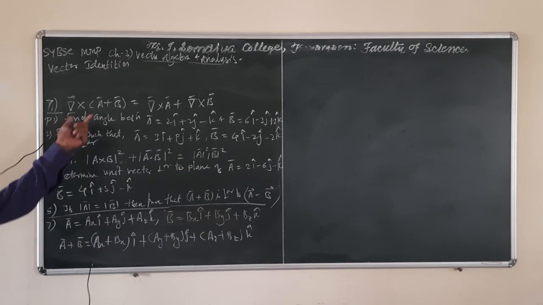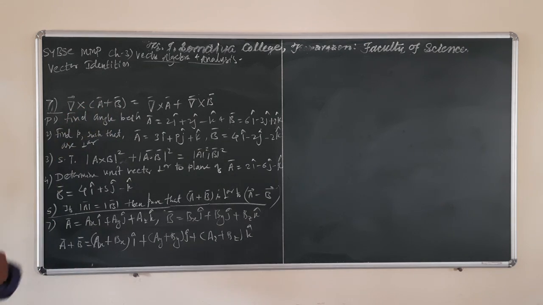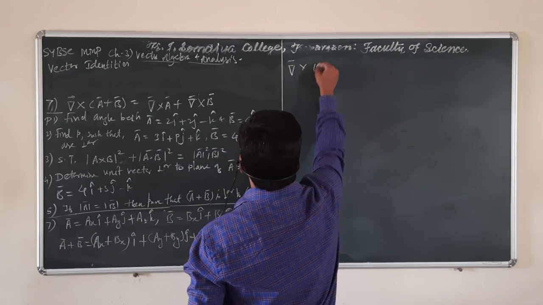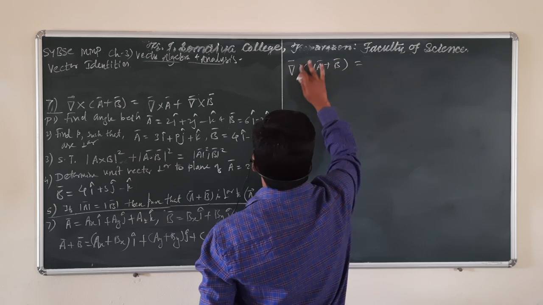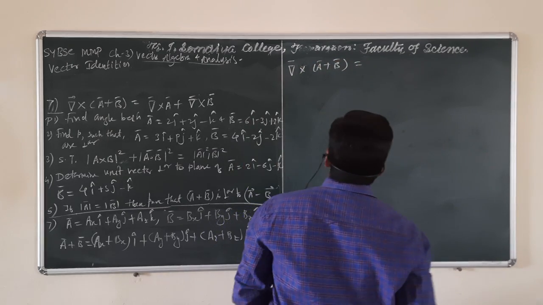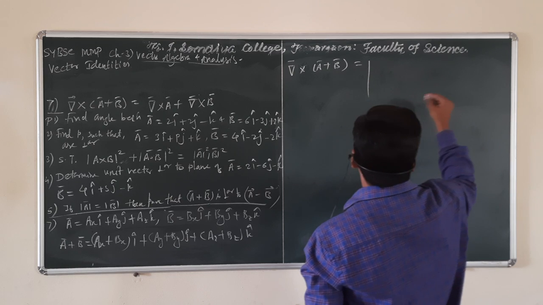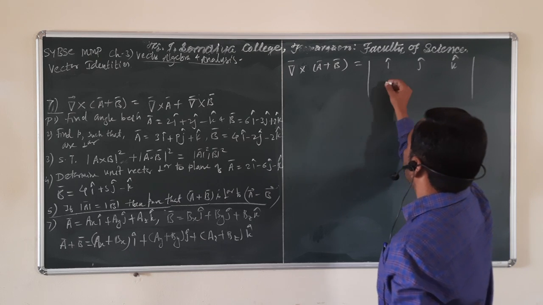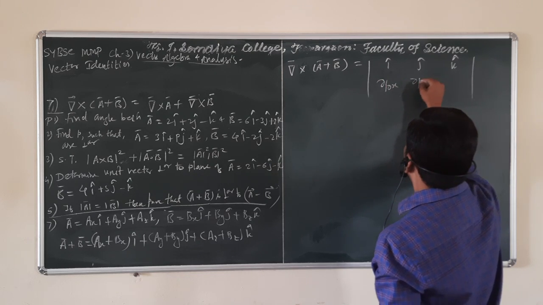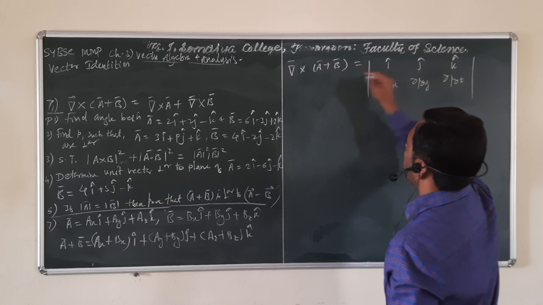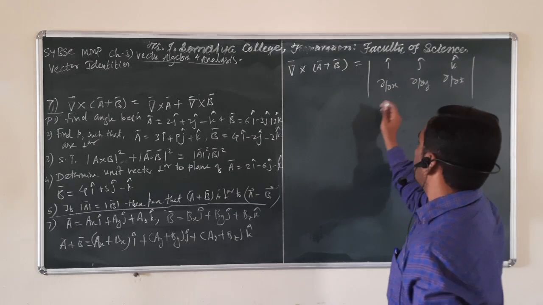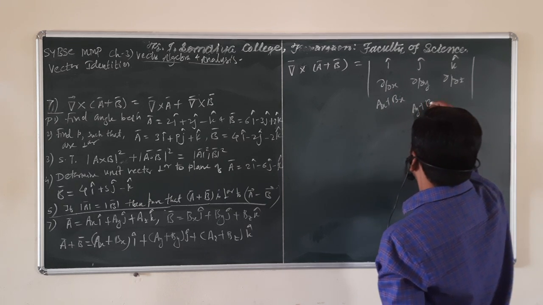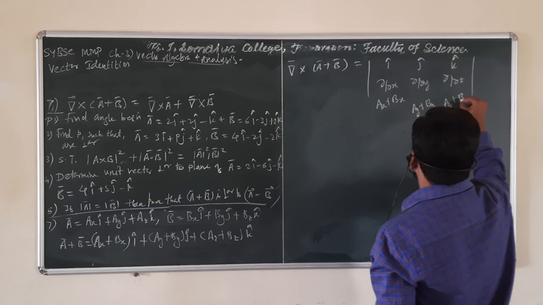Now we have to take the curl of vector A plus B. So the curl of vector A plus B is equal to the determinant of i, j, k, del by del x, del by del y, and del by del z, and again the coefficients of the vector: here we have ax plus bx, ay plus by, and az plus bz.